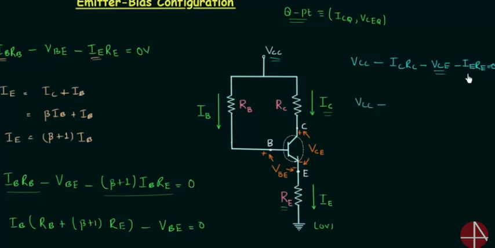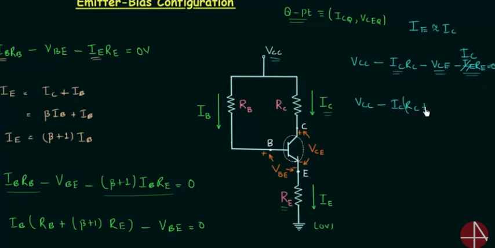IE is nearly equal to the collector current, so we can replace emitter current by the collector current. So we have ICRC, or I can take collector current common from these two terms.